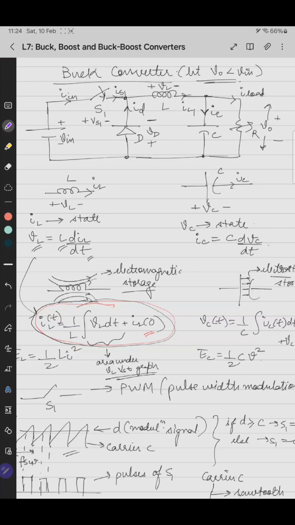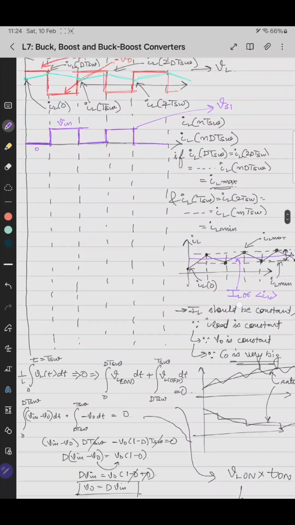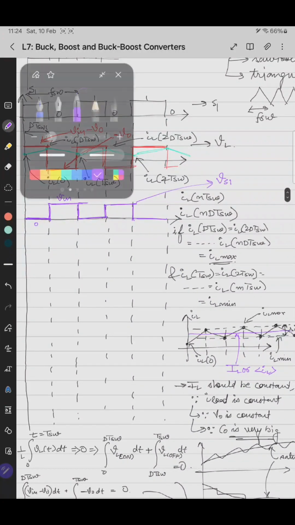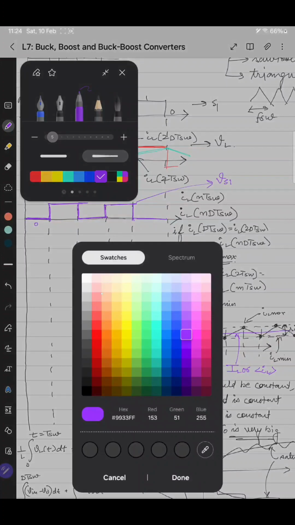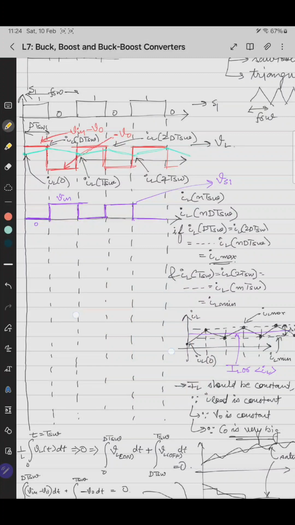In that case, the inductor current becomes the diode current. So when the switch is on, this is Is1.